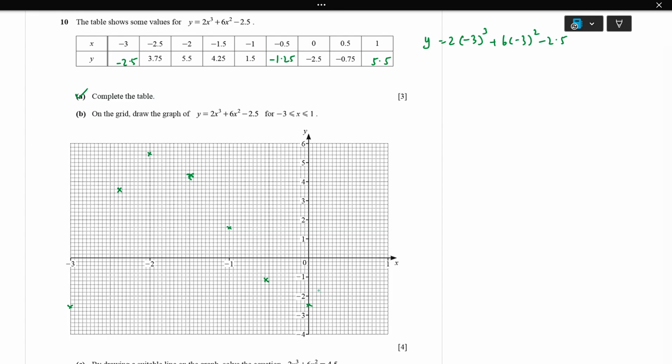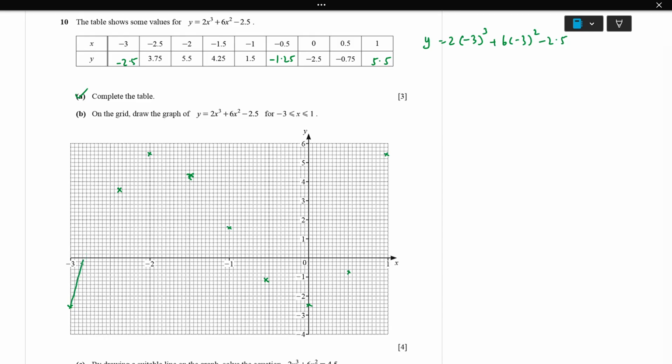Next is 0.5 and -0.75, it's approximately here. Okay, the next is 1 and 5.5. The last one, 5.5, is here. Okay, so we need to draw the graph.